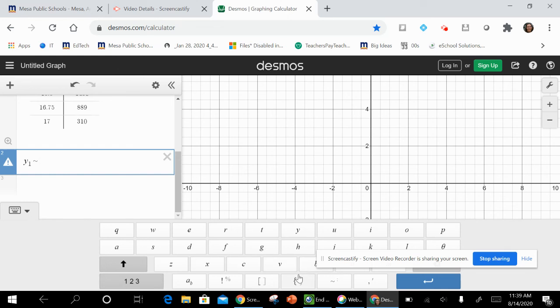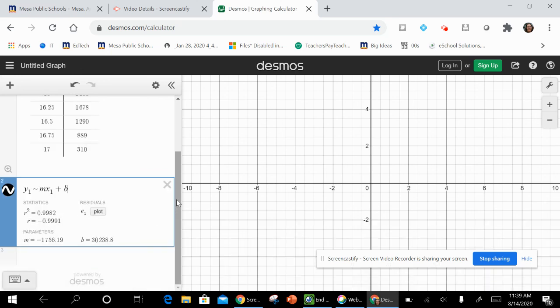And then we need to go X1 plus B. And then take the keyboard away. Okay, and actually what we're needing is this part, everybody. So I'm also going to talk about the R value. Okay, so here's our slope, everybody, and this is our B.